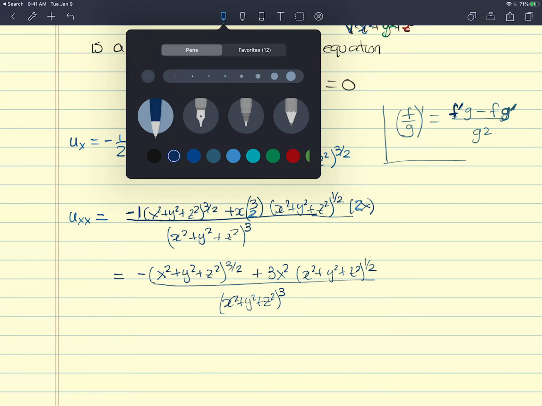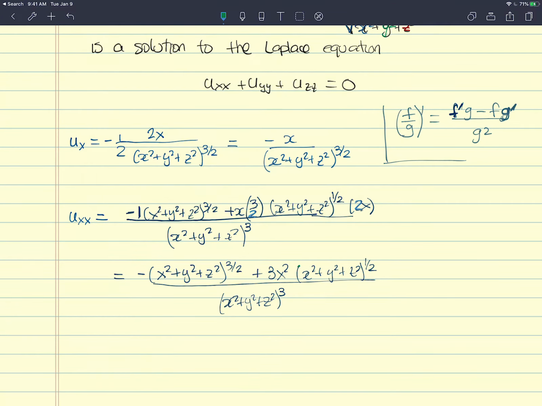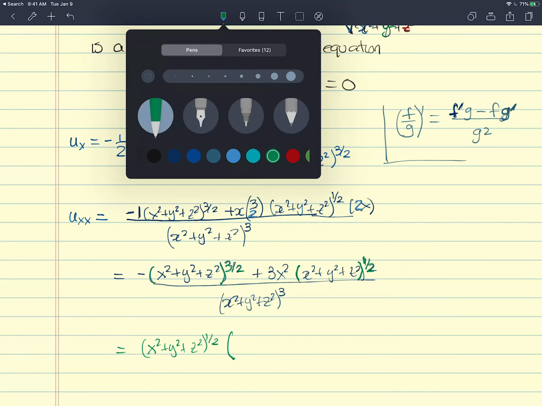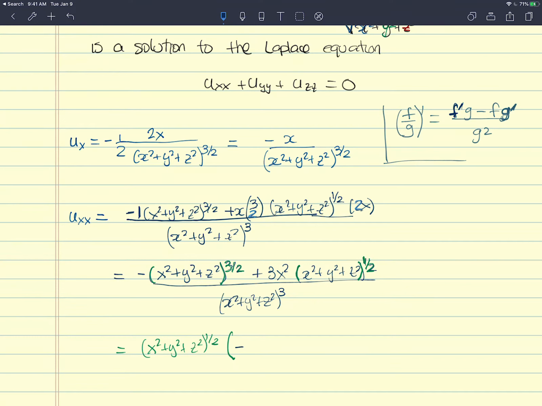Okay, so now what I'm going to do is factor this. I have x squared plus y squared plus z squared to the 1/2 right here. I have x squared plus y squared plus z squared to the 3/2. So I can think of this 3/2 power right here like 1/2 plus 1. So if I factor x squared plus y squared plus z squared to the 1/2, my other factor inside is negative x squared plus y squared plus z squared to the power of 1, right?